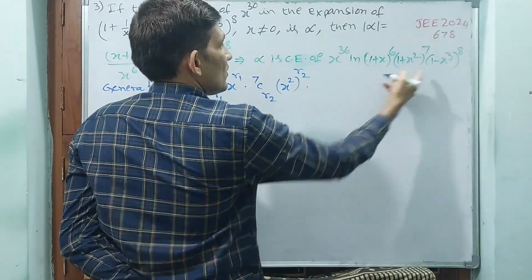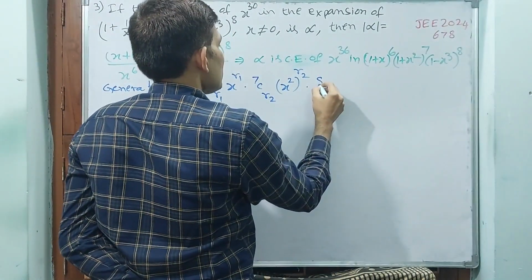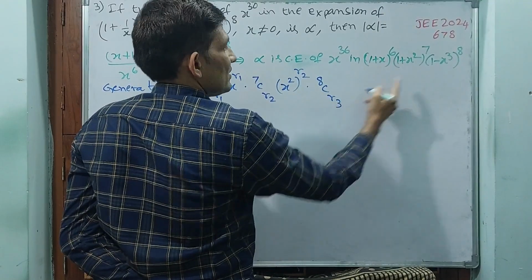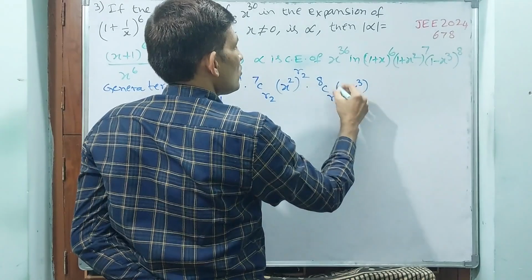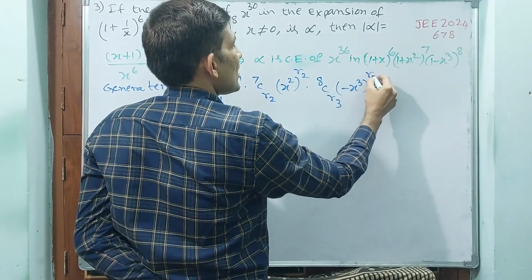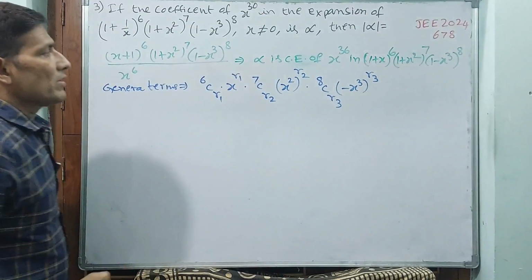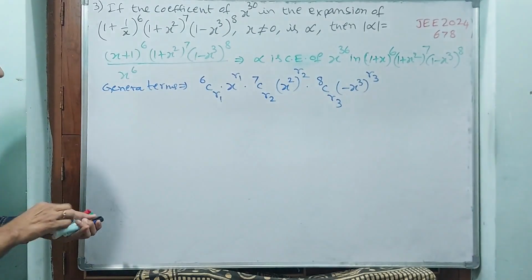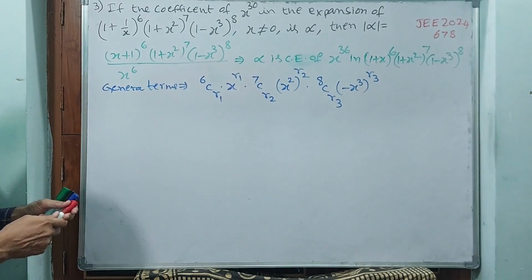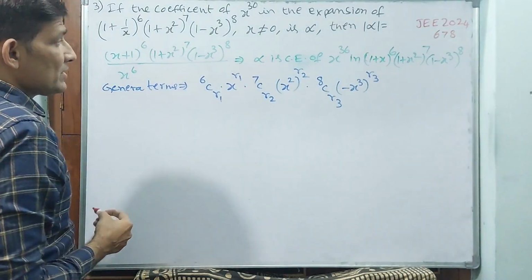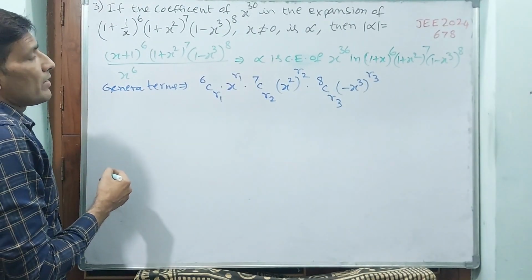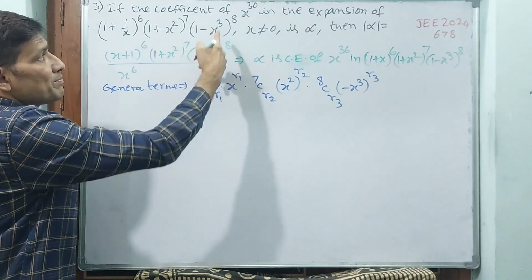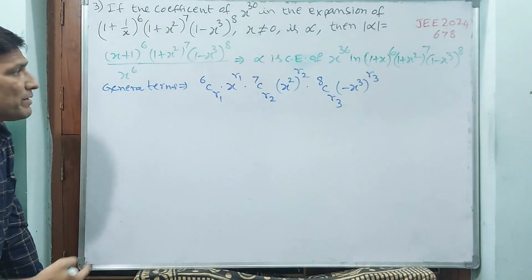Now for this, the general term I am writing is 8C r3, and (-x^3)^r3. Okay, still we have to modify these general terms. Observe carefully how I am modifying. Here you have to take the coefficient, but you have to make x power 36. That is also very important.